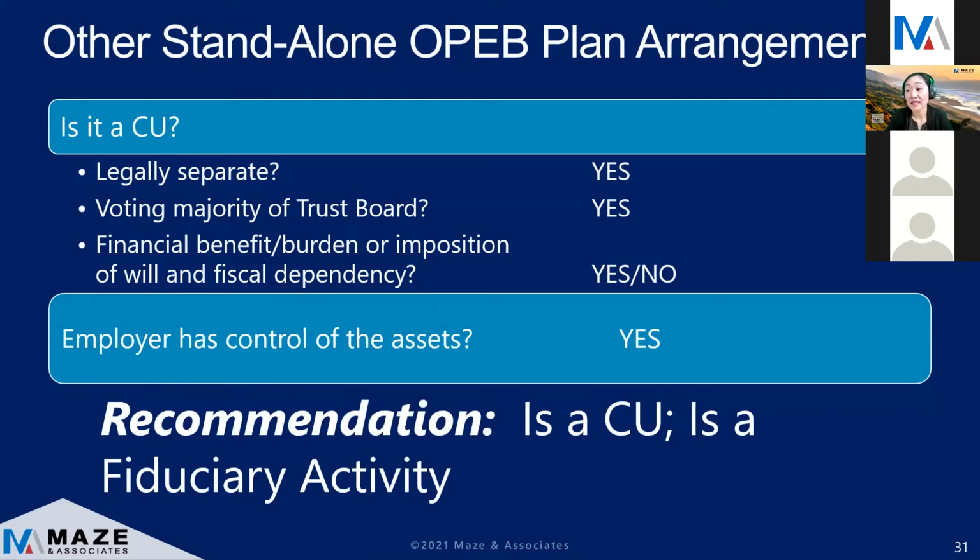In this case, it is considered a component unit and it is a fiduciary activity, because you do have control over the assets, and you can impose your will onto the trust board, and that makes it a component unit here.